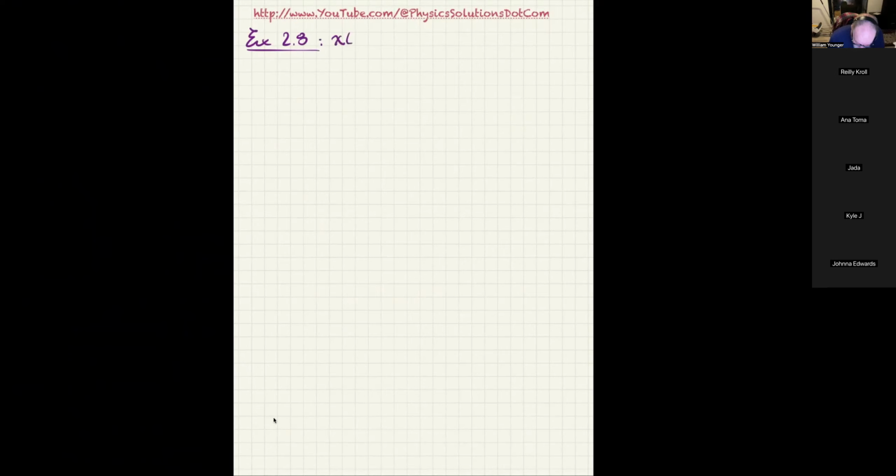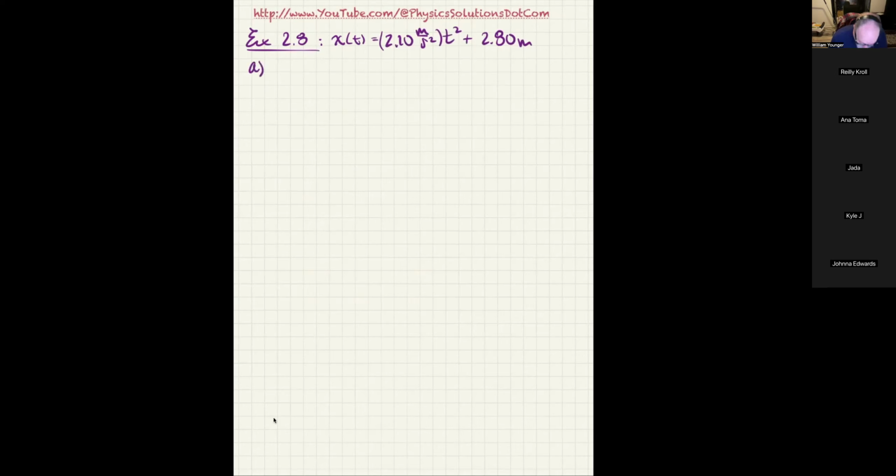We're using the exact same equation we did on that previous example, so this is 2.10 meters per second squared times t squared plus 2.80 meters. That's our x of t. A particle is moving in a straight line, so the position is given by the relation that I just wrote down. Part A: calculate its average acceleration during the time interval 3 seconds to 5 seconds.